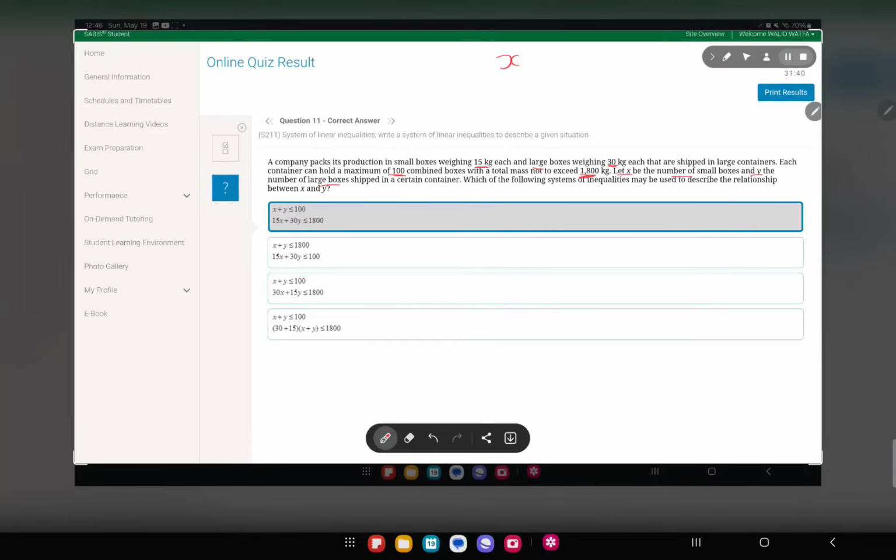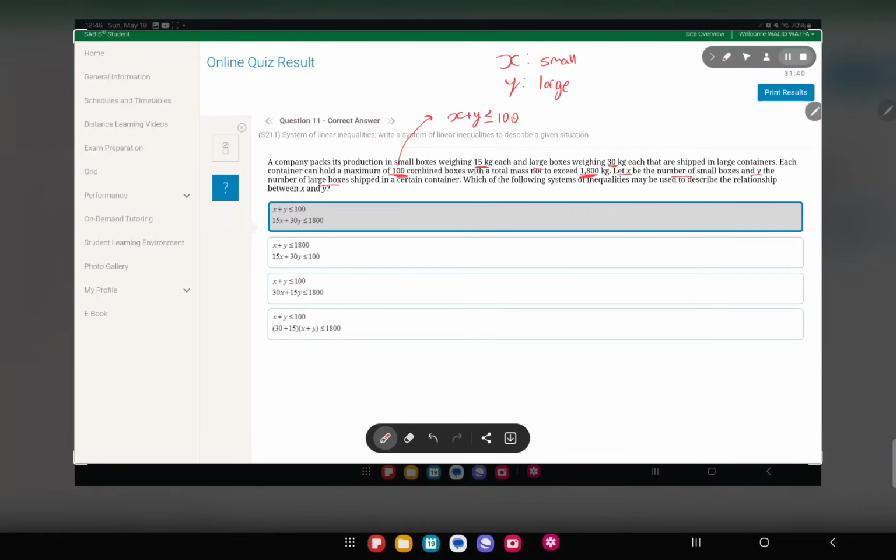Okay, so x is the small, y is the large. We know the first condition: it can hold a maximum of 100 combined boxes. So however you add the boxes, it should be less than or equal to 100. So that means x plus y will be less than or equal to 100. So that's our first condition.